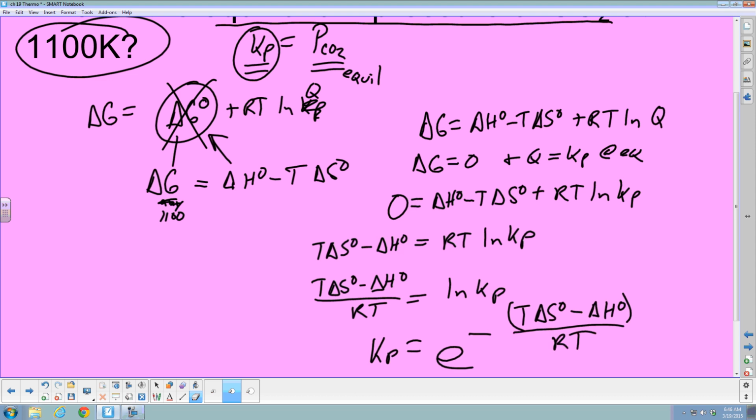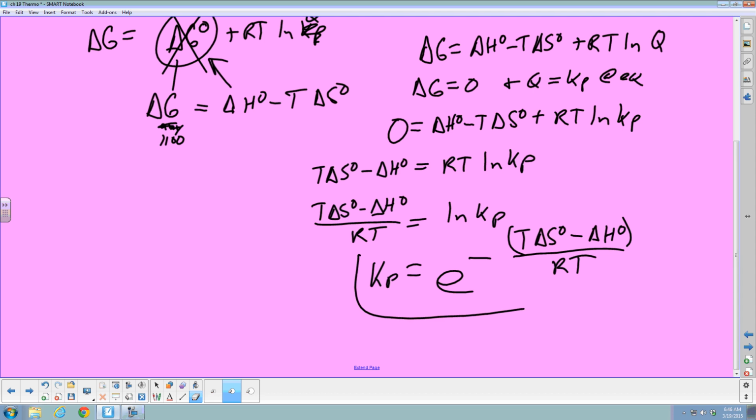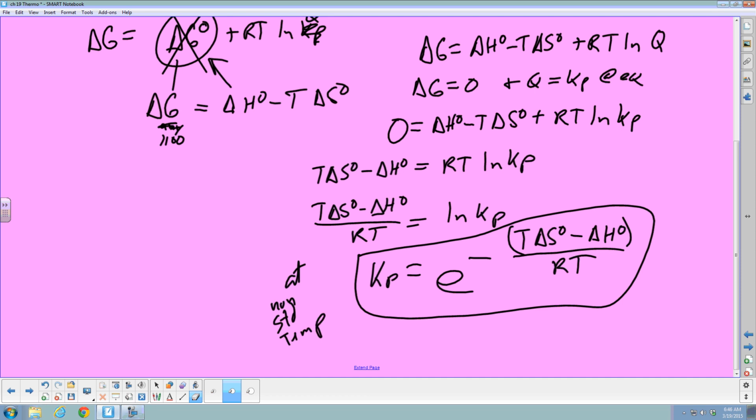So that is how I can find my Kp at non-standard temp. All right, let's do it.